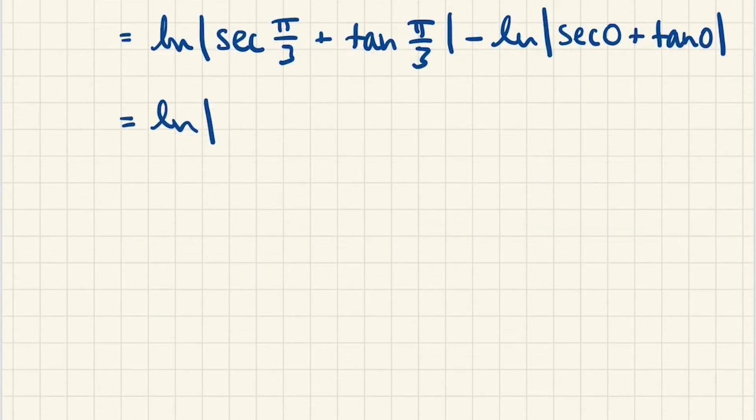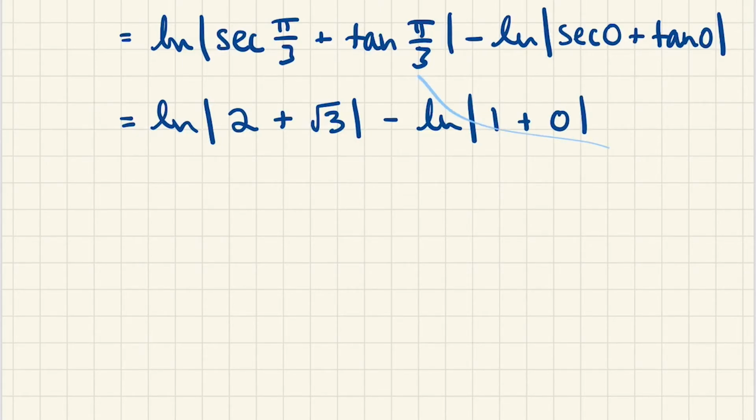So secant of pi over 3 is the reciprocal of cosine of pi over 3, so this would come out to 2, plus tangent of pi over 3 is rad 3. Secant of 0 is 1, it's the reciprocal of cosine of 0, which is 1. And tangent of 0 is 0.